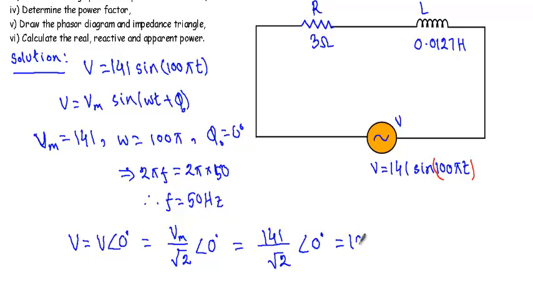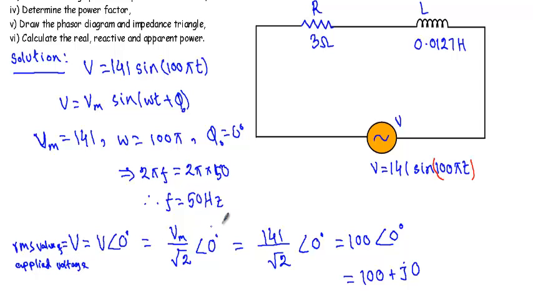In rectangular form, I get 100 plus j0. This is the RMS value of the applied voltage in phasor form.